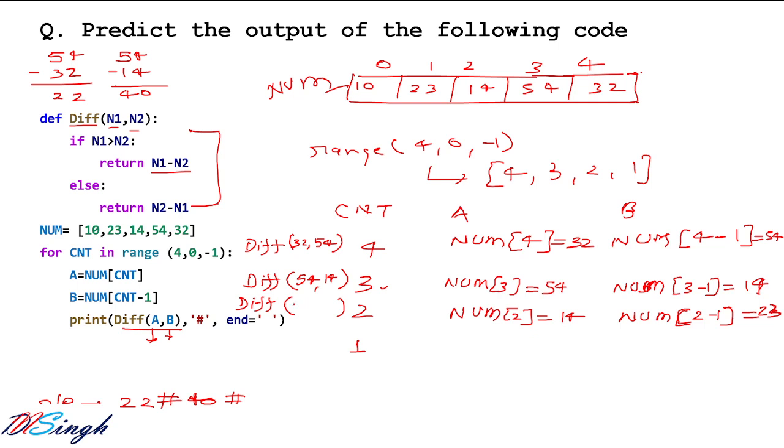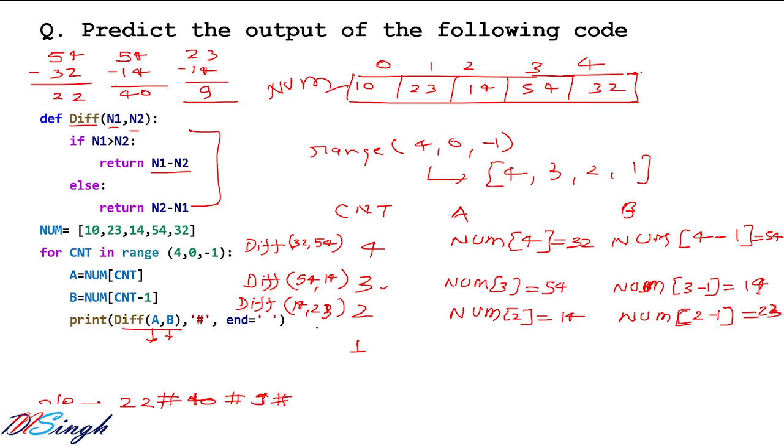So the call will look like 14 comma 23. And what is the return value of it? 23 minus 14. 14 plus 6, 20, 6 plus 3, 9. So you are going to get 9 here. So again 9 will be printed and hash will be printed.